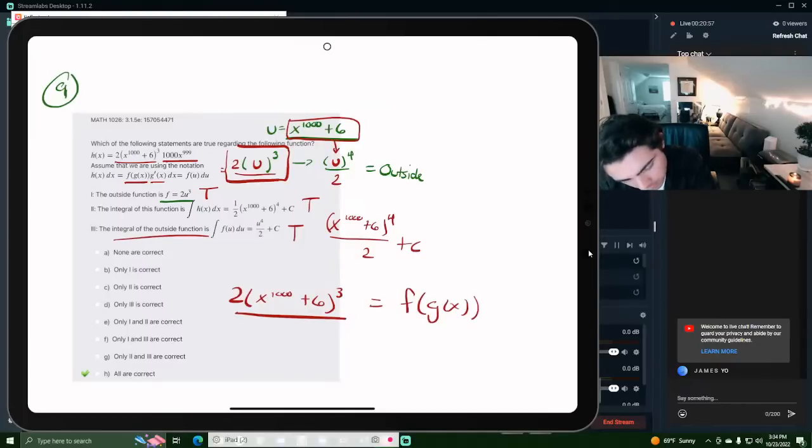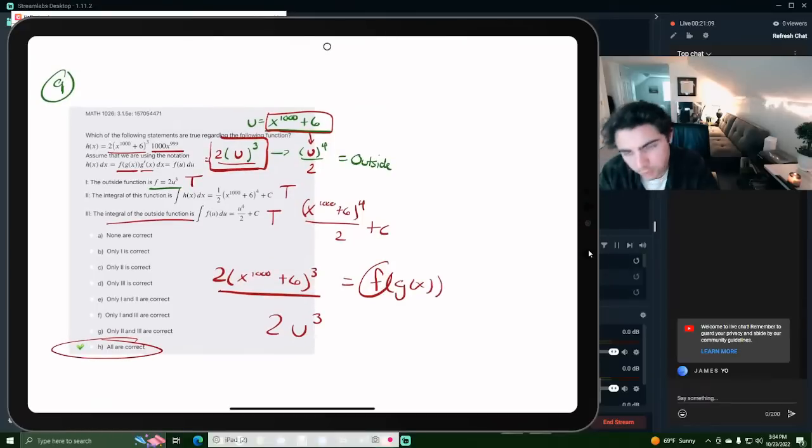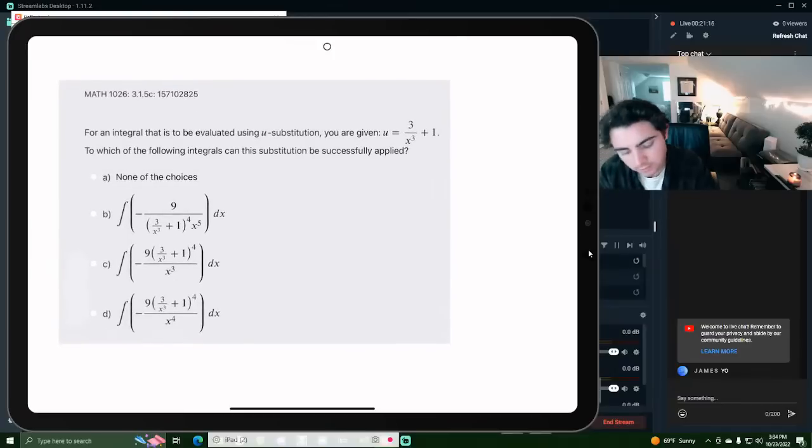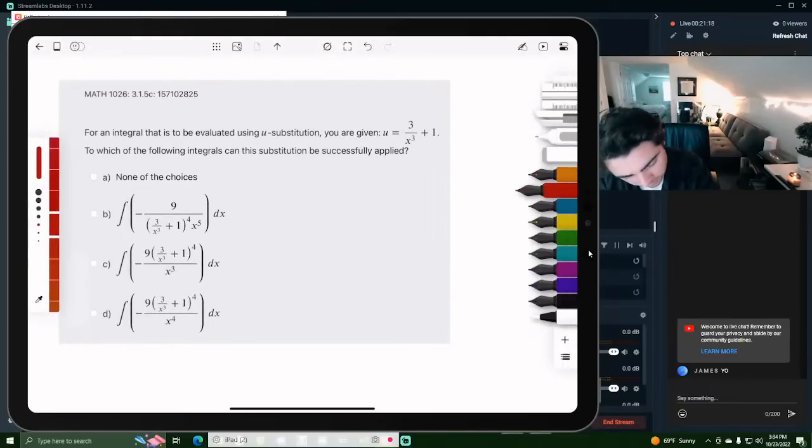It's a whack question, but hopefully that makes some sense why f matches 2u to the third. So learn from my mistakes. All of these are correct. Don't put too much effort on these questions. Hopefully, if it shows up, it's going to show up once. So don't sweat it. Just focus on antiderivatives mostly.